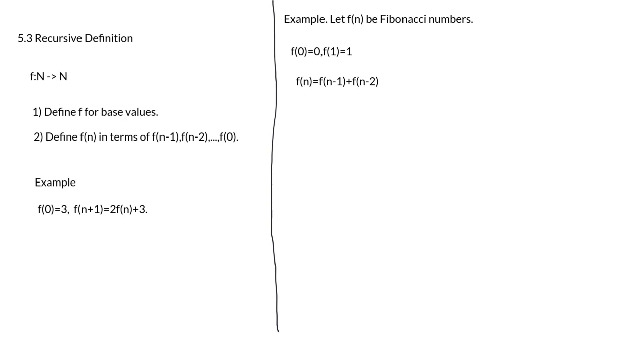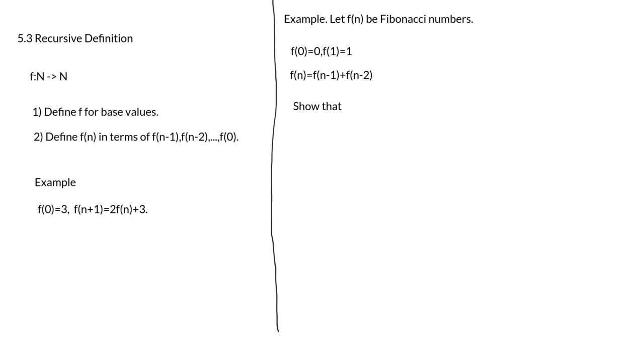Fibonacci numbers have a lot of applications in biology, etc. So it's important to prove properties of a function which is defined recursively like this. The property that now we want to prove is the following.